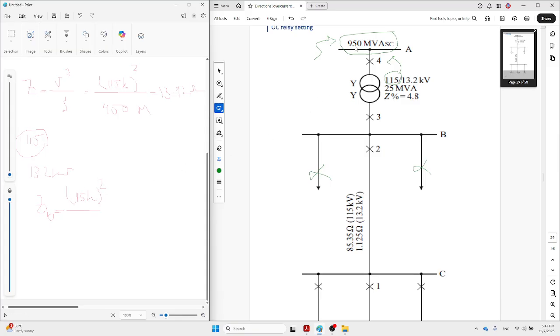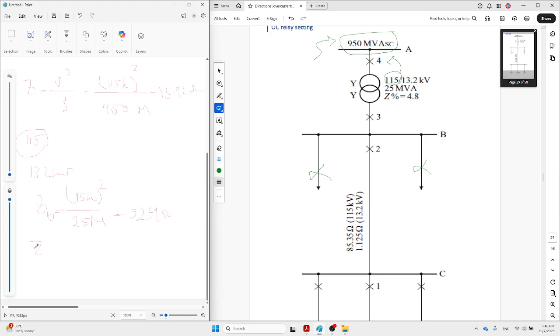This time, on behalf of the short circuit, we should consider the transformer ratio for the power, which is 25 megavolt amp. So it is 115 power of 2 divided by 25, which is 529 ohm.